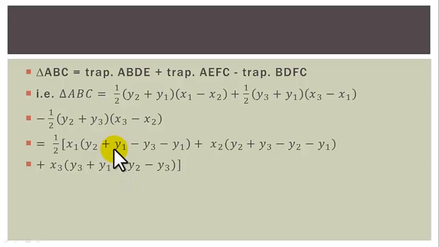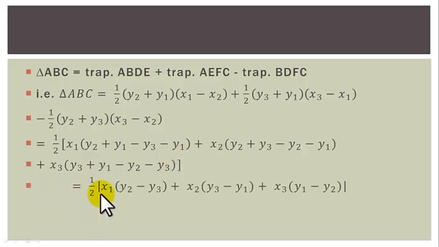Observe that here y1 will cancel y1, here y2 will cancel y2, and here y3 will cancel y3. This will then give us half into the absolute value of x1 into (y2 minus y3) plus x2 into (y3 minus y1) plus x3 into (y1 minus y2).